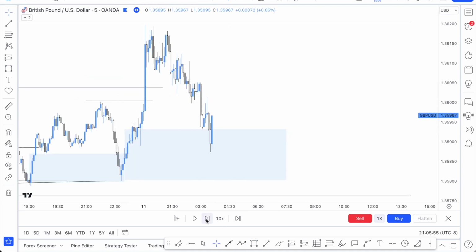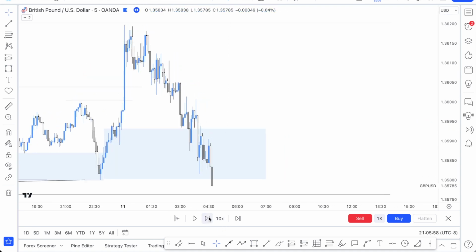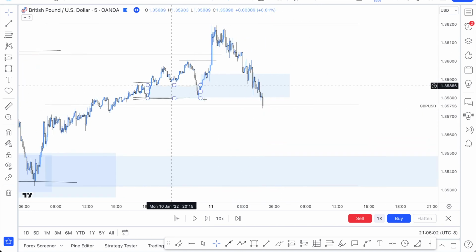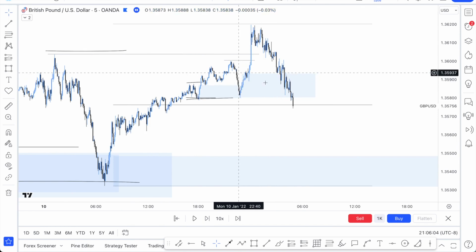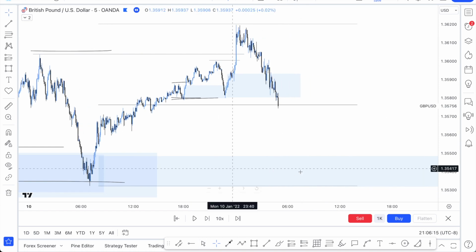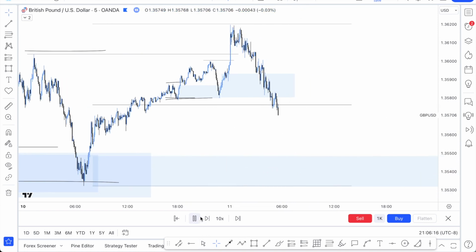So let's just go here and show you guys, okay? Notice what price does, right? It gives out. And the reason for that is because a lot of traders are up here now waiting for price to go bullish, right? You can see how price has been bought here and they failed. So this would be a flip for us, right? For price to sell off. And where is it selling off? It's trying to come all the way down to the demand zone, right?